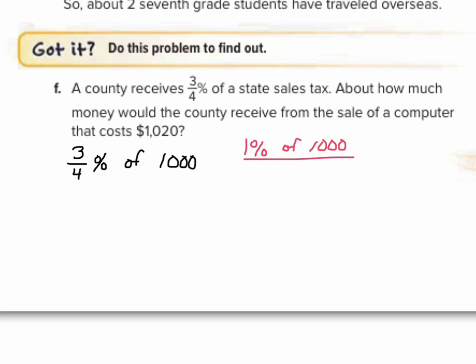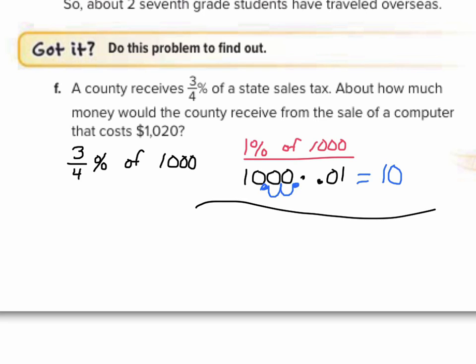Neat. Well, if I write down 1,000 times our 0.01, what we do here is we look at the decimal point, and for 1%, we're going to move it to the left twice. And so 1% of 1,000 is equal to 10.